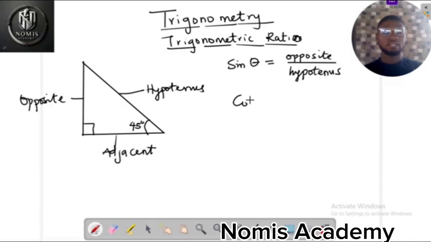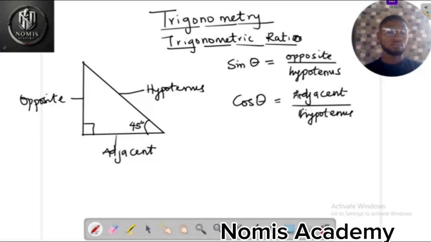So cosine theta of any angle is equal to adjacent all over hypotenuse.